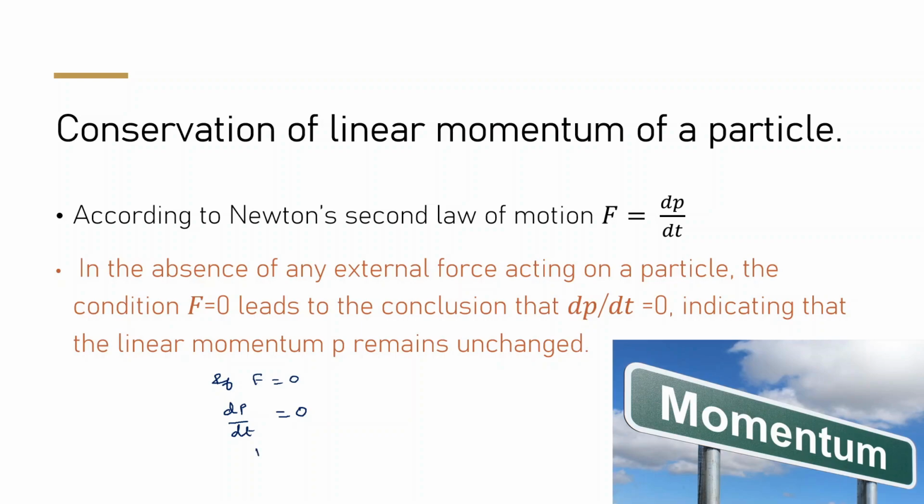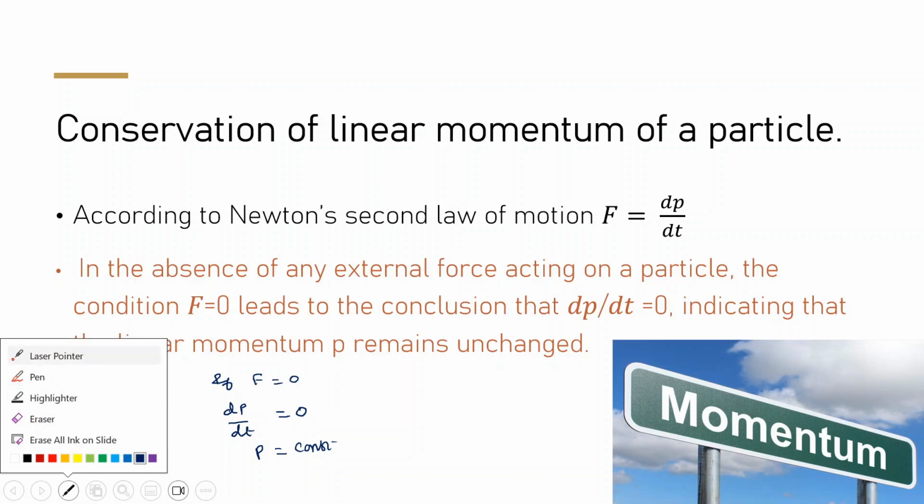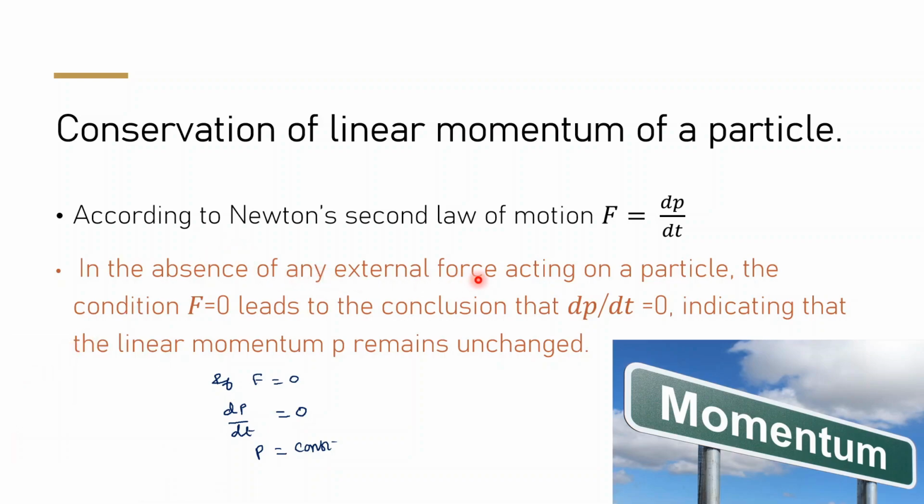Then P is a constant. If you differentiate a constant, we can get 0 as a result. Now read out this statement. In the absence of any external force acting on a particle, the condition F is equal to 0 leads to the conclusion that dp by dt equal to 0, indicating that the linear momentum P remains unchanged.